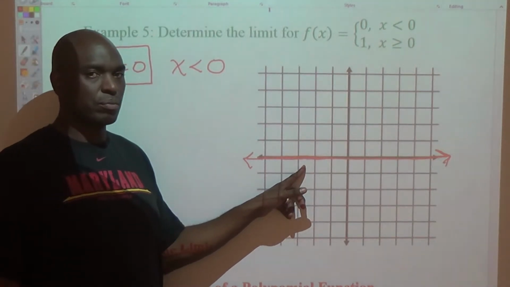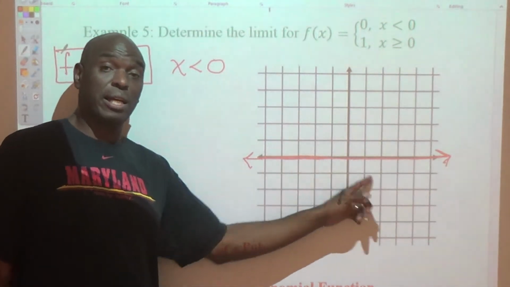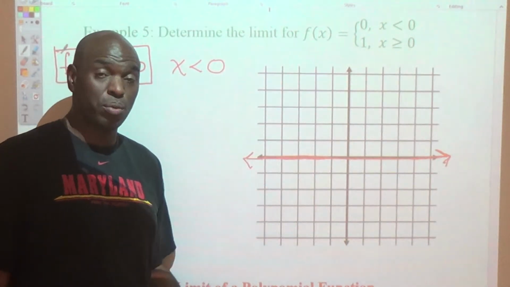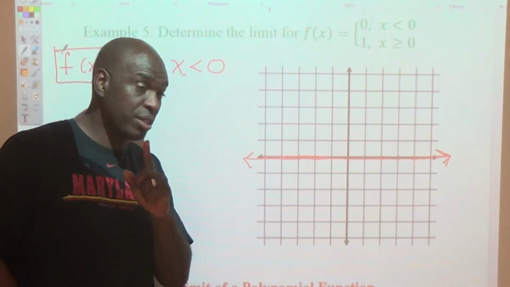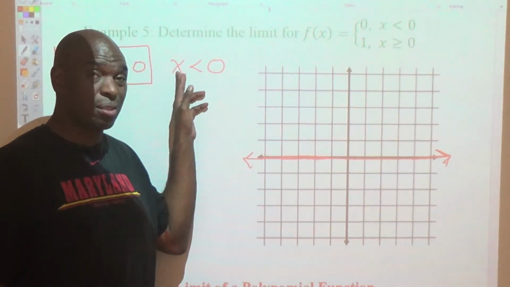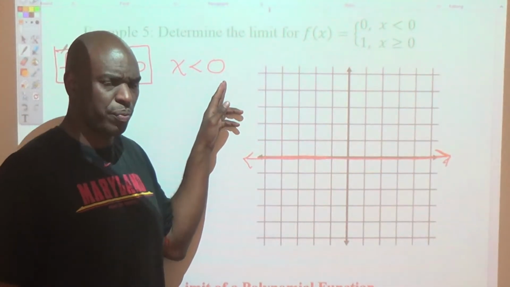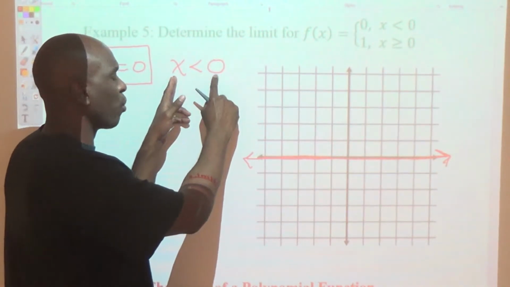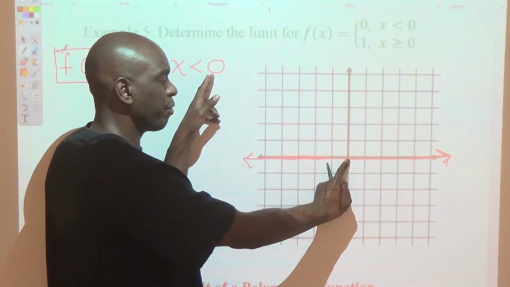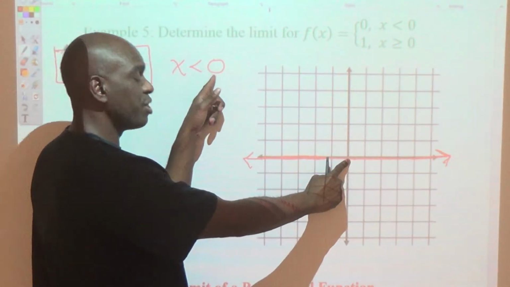Now, I do not want the entire line f of x equals 0. I have a restriction, or condition, here. The condition is I only want x less than 0. The x value I'm concerned with is 0, which happens to be right here, and I want the values that are less than 0.